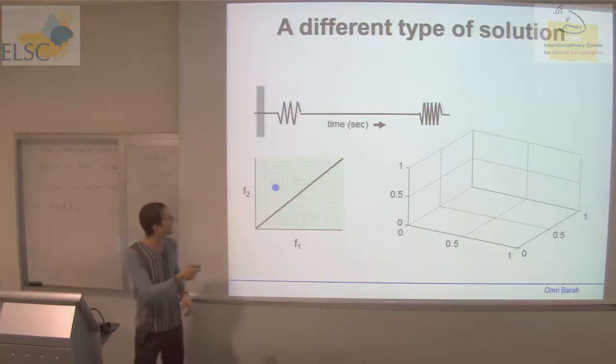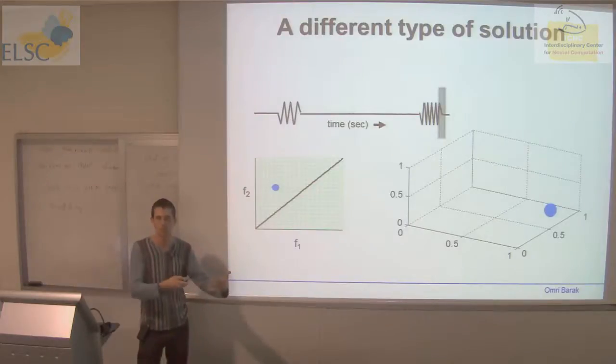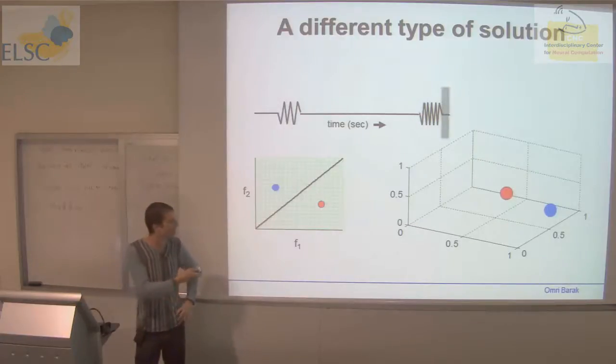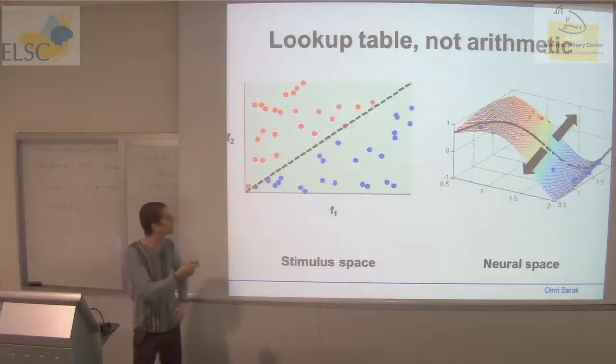But as the trial progresses, for a specific stimulus protocol, the neural state changes. And at the end of the second stimulus, it will reside somewhere. For a different stimulus protocol, the network will take a different path and end up in a different place. And for every point in stimulus space, there is a corresponding point in neural space. So there is a 2D manifold in this neural space.